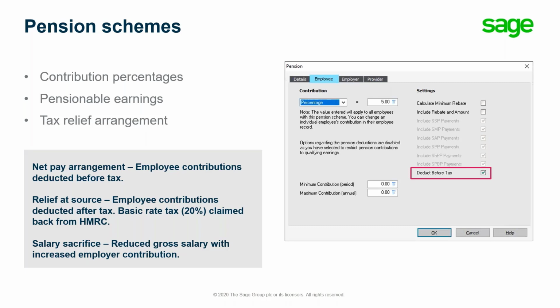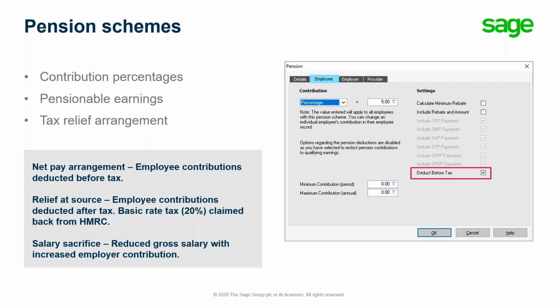You'll need to know what earnings are pensionable, and that could be qualifying earnings, or it could be specific elements of pay. And you'll need to know the tax relief arrangement for your pension scheme, which will either be a net pay arrangement, where contributions are deducted before tax is taken, a relief at source arrangement, where contributions are taken after tax and then basic rate tax is reclaimed from HMRC by the pension provider.